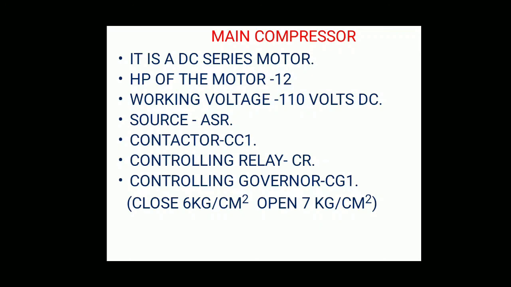To start and stop main compressor, a contactor CC1 is provided in LD room. And this CC1 is controlled by a relay CR, and this relay is provided in a relay panel. A governor for controlling CC1 is provided, which is CG1, and it closes when MR pressure is below 6 kg per centimeter square and opens when MR pressure is 7 kg per centimeter square.